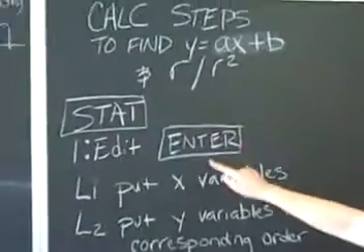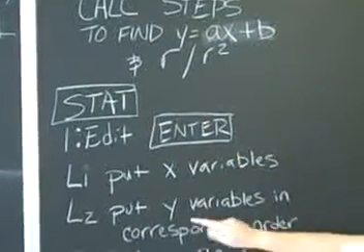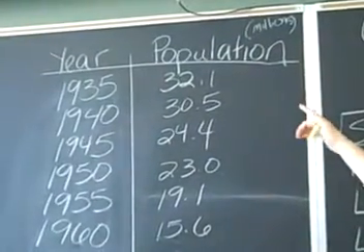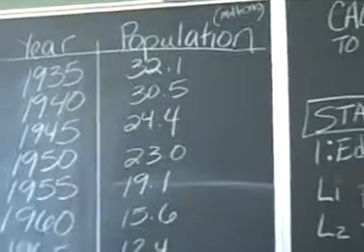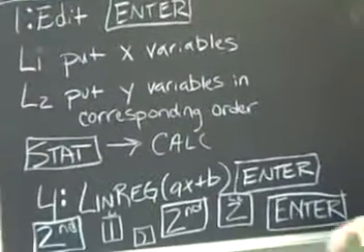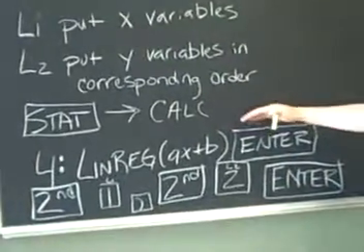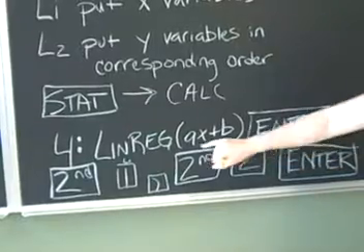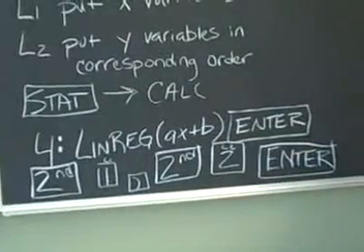You're going to put all the information in your lists, with the years in list 1, which represent the X values, and the population in list 2, which would be our Y values. Then you do these steps here to calculate the linear regression. The format here is ax + b, which would give you a line.